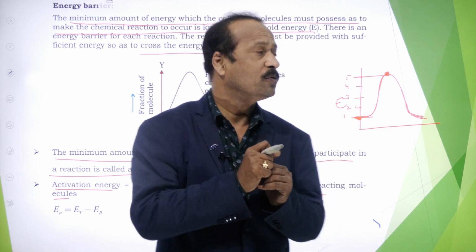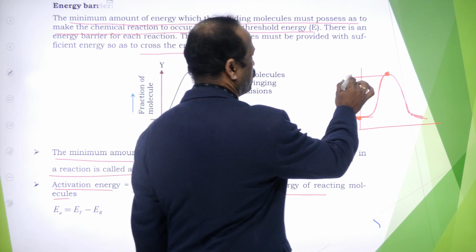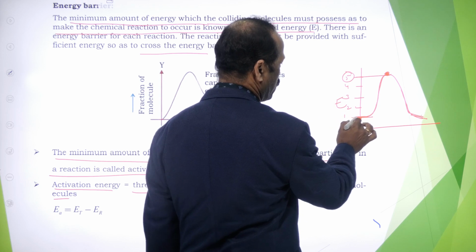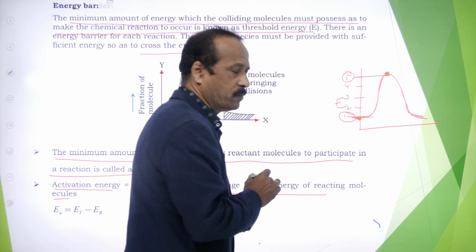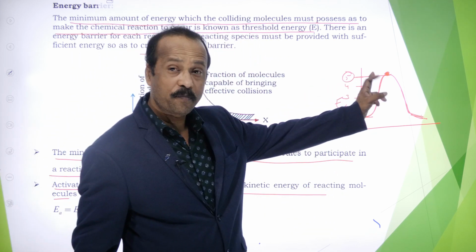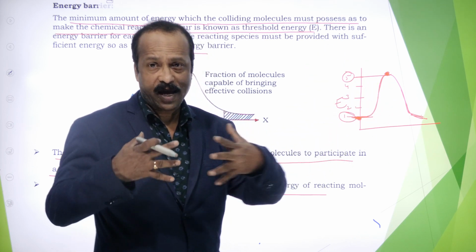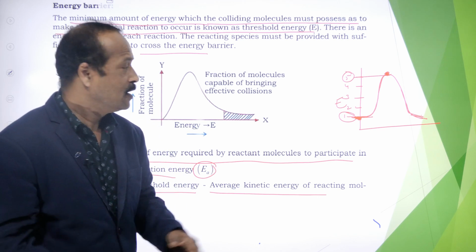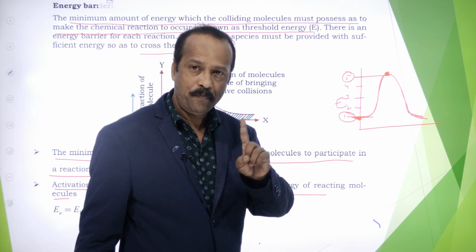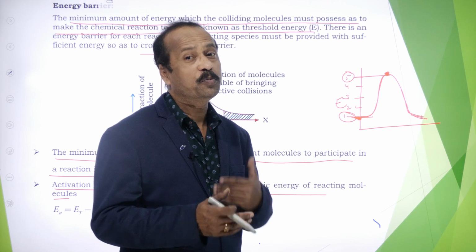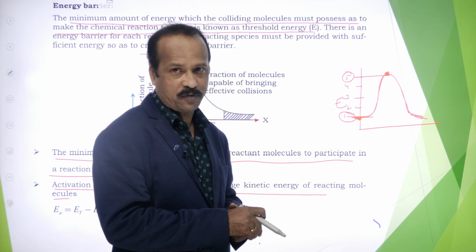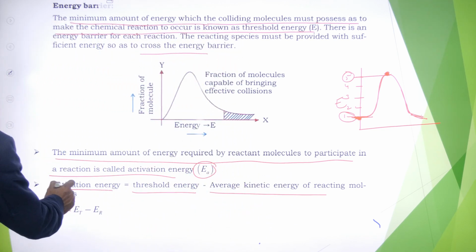For example, say threshold energy requires 5 kilojoules. Now the molecule has 1 kilojoule of energy, right? So threshold energy is what? 5 kilojoules of energy. At 5 kilojoules of energy, the reaction will take place. But the molecule has how much? Only 1 kilojoule. So how much more energy is required? 4 kilojoules of energy is required, right? So activation energy is 4.